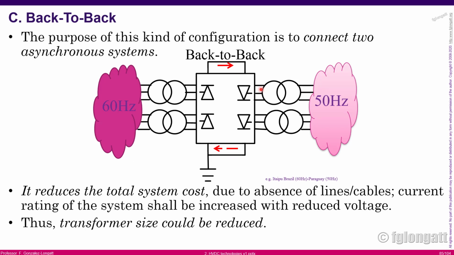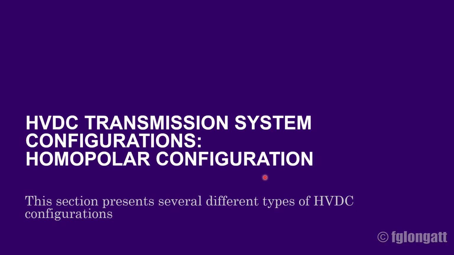As I said before, one of the applications is connecting two power systems asynchronously, one with 50, one with 60 hertz. I said earlier, Itaipu: Brazil, 60 hertz, Paraguay, 50 hertz. You can reduce the total cost by putting the converter stations together, and you can also reduce losses, okay? And the transformer size can be reduced, okay?